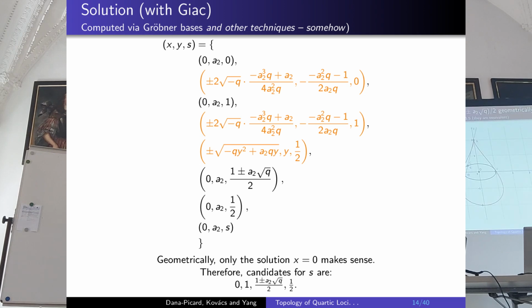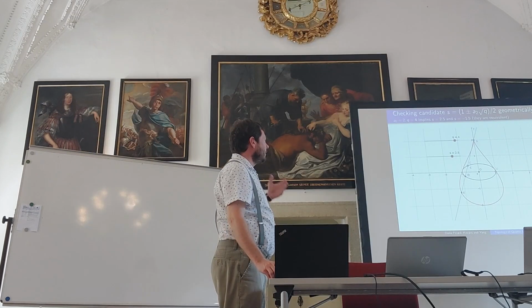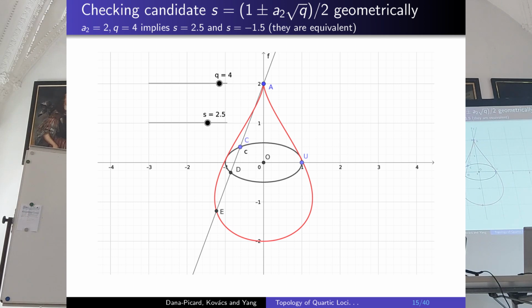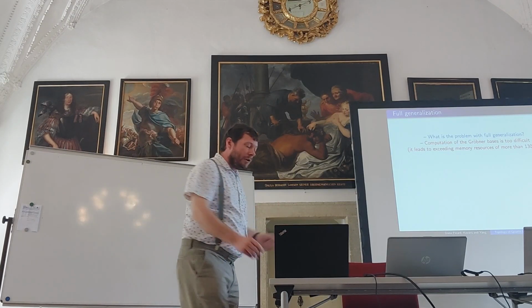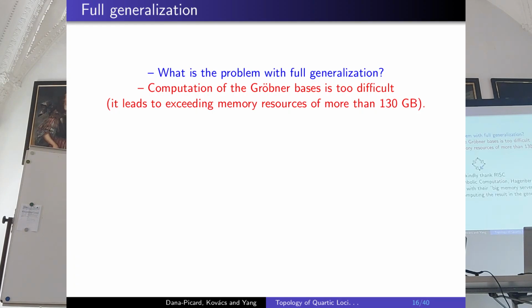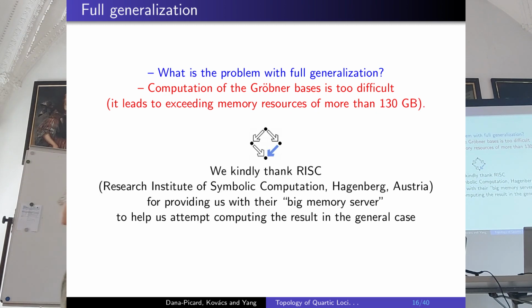Okay, so we can have results for special numbers A1, A2, and Q, but unfortunately, when we have a full generalization, the computation of the Gröbner basis becomes too difficult. Unfortunately, and we need to mention here the RISC Institute, very close to here in Hagenberg, 15 kilometers.